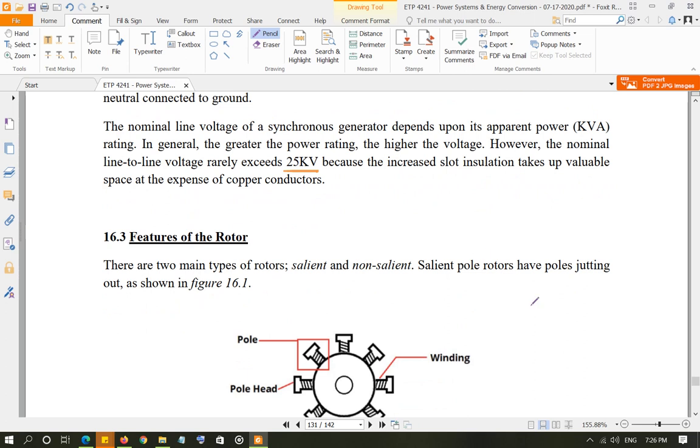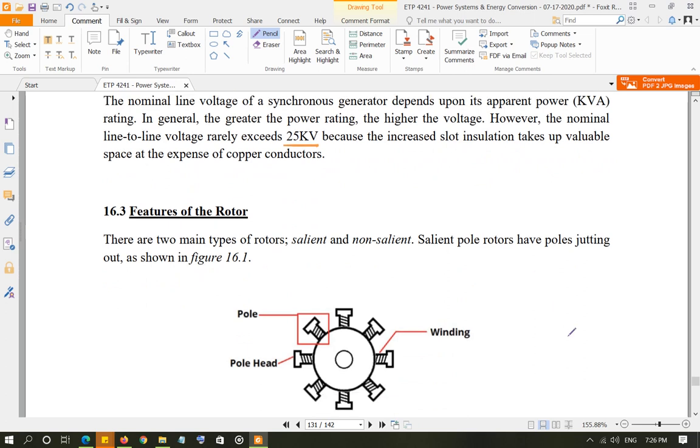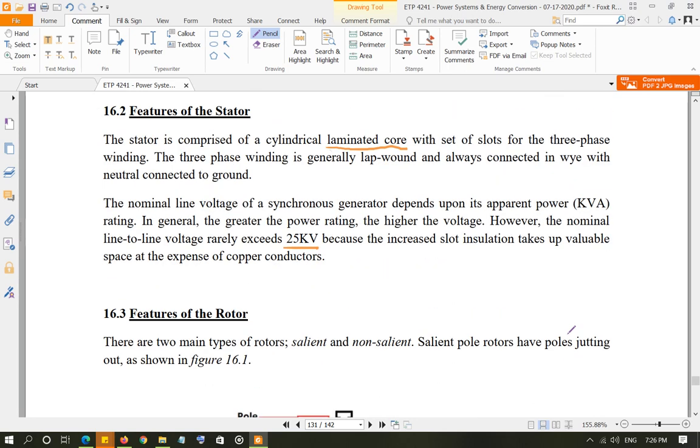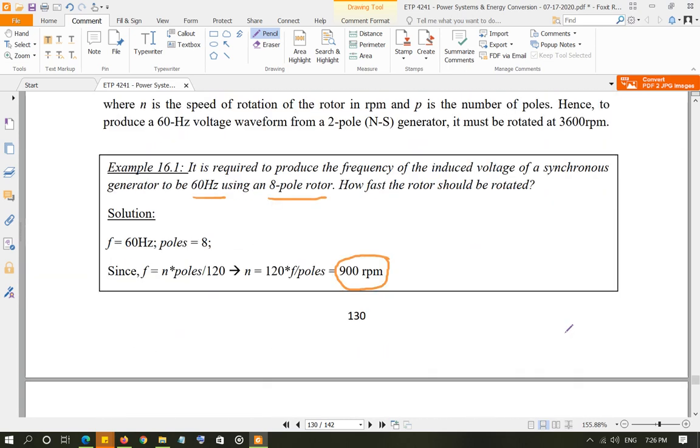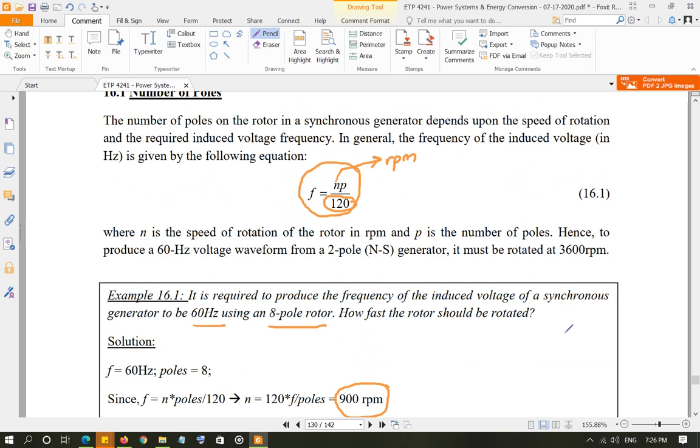What are the features of the rotor, which is where the poles are? So again, the rotor depends upon how many poles there are, and that depends upon how fast your rotor is rotating, because you have to produce, let's say, a constant frequency of 50 to 60 Hertz, right? 50 Hertz in Europe, 60 Hertz in America.